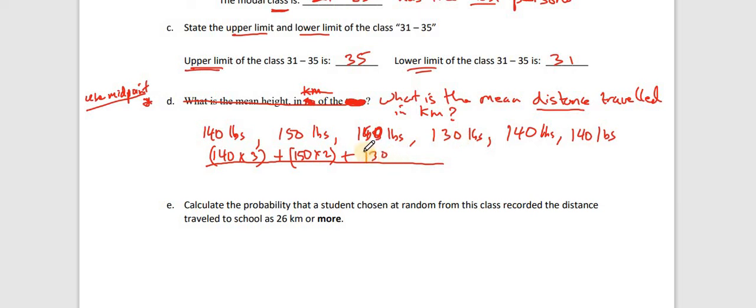Right? 130 just by itself. Or we can say 130 times 1. Or just put it as 130. Divided by what? The 3 plus the 2 plus the 1, that's 6, right? And that will give us the mean. Right? The dash over it means the average of the data values, which means the mean.